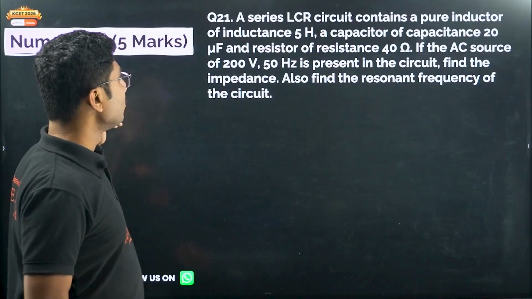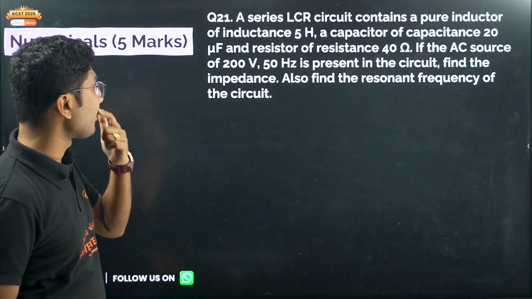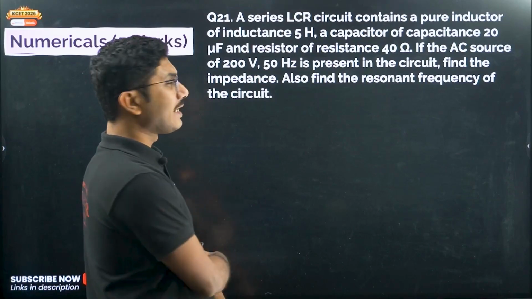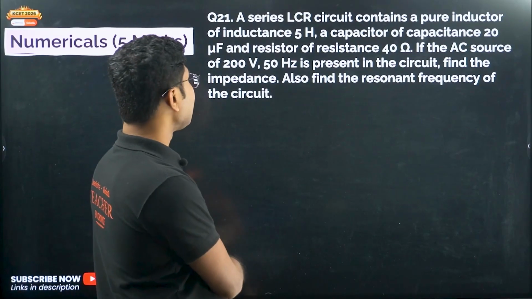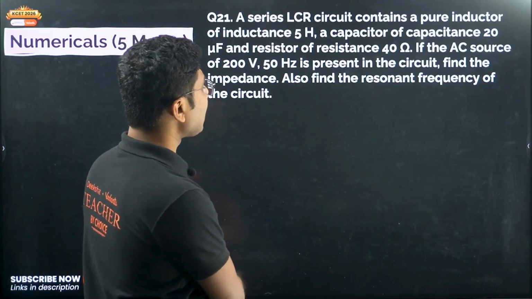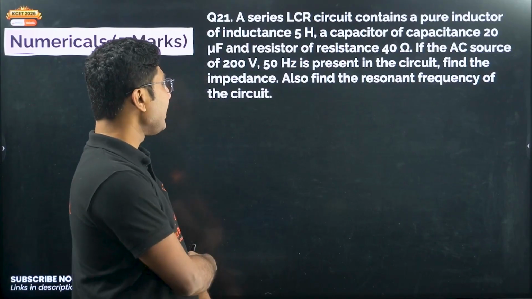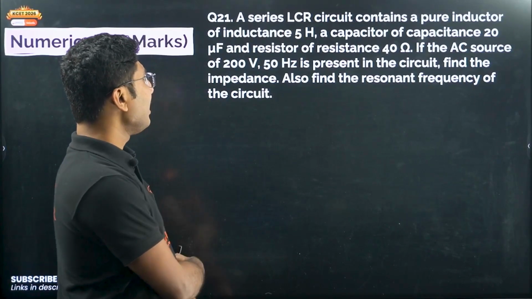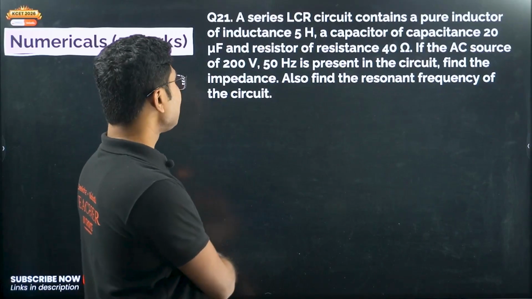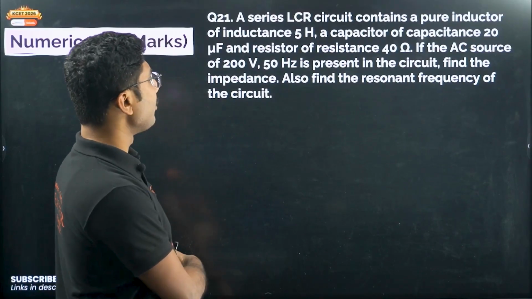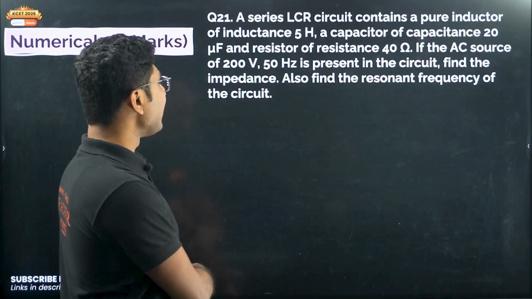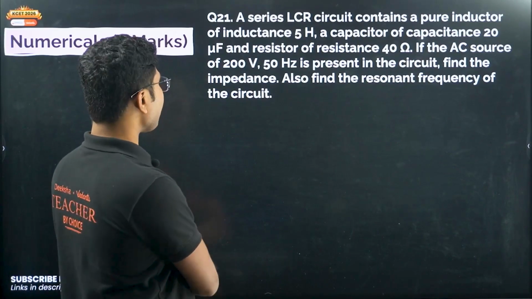Now let's move on to numerical questions from this chapter. A series LCR circuit contains a pure inductor of inductance 5 Henry, a capacitor of capacitance 20 microfarad, and a resistor of resistance 40 ohm. If the AC source of 200 volt 50 Hz is present in the circuit, find the impedance, also find the resonance frequency of the circuit.